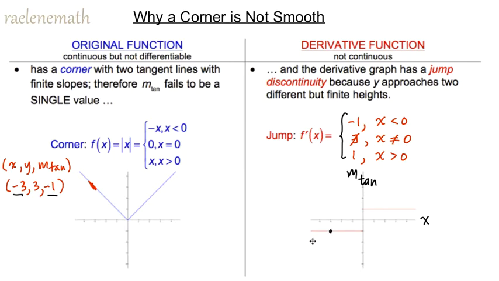So -3, -1 is the x coordinate and the slope of the original graph. In other words, the height of the derivative is the slope of the original. The height of the derivative graph, the y-coordinate of -1, is the slope of the original. And we can do the same thing for a point over here. Let's say at 2, 2 would be the x, the y.